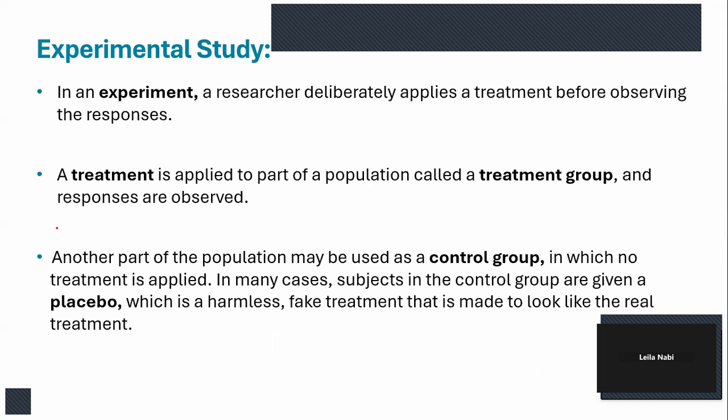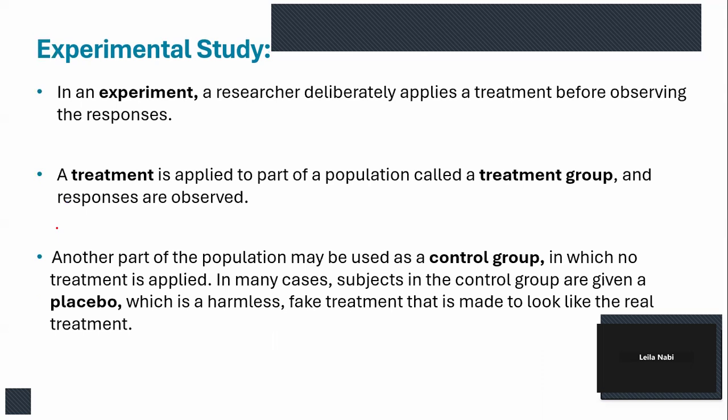In all experimental studies, researchers usually apply treatment before observing any responses. After the treatment is applied to those groups, they observe the result to see how effective that treatment was.